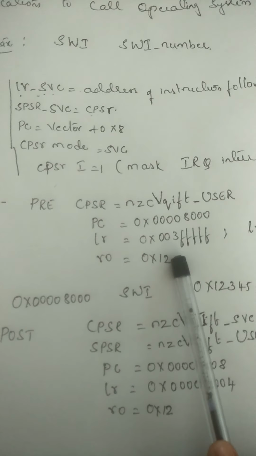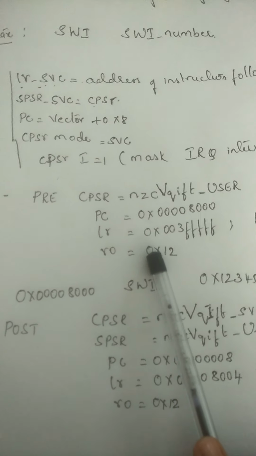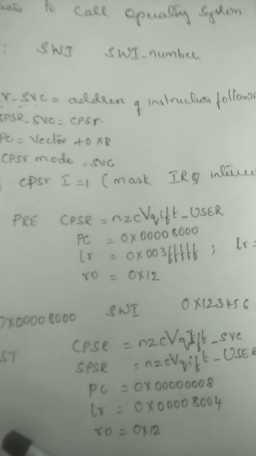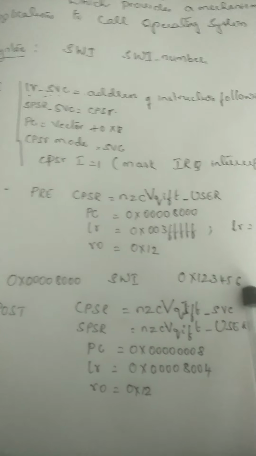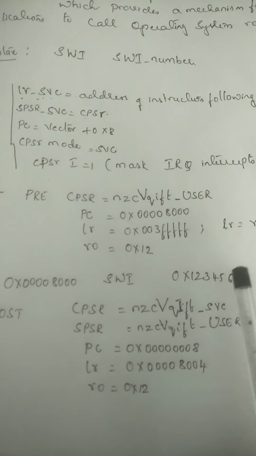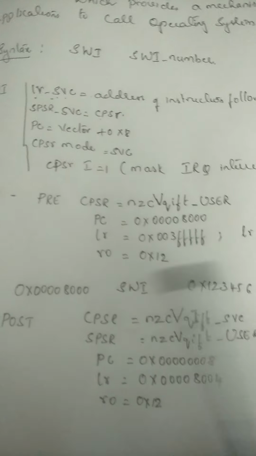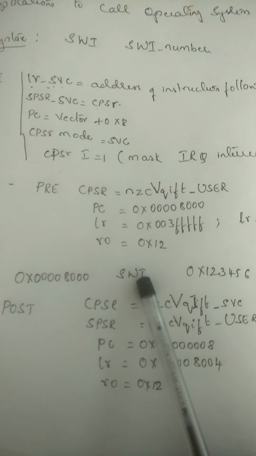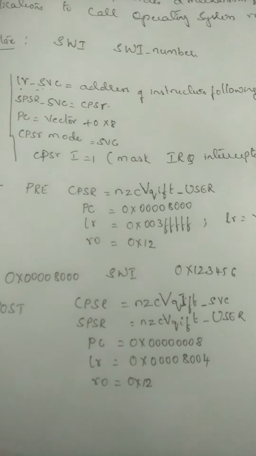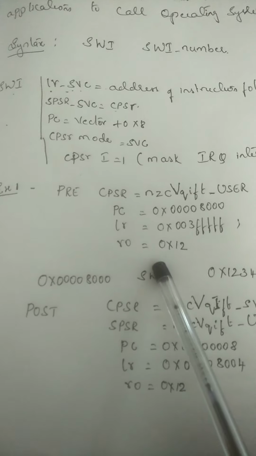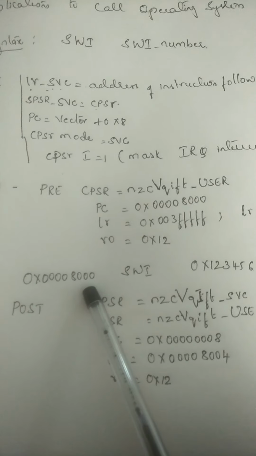R0 is the parameter used to pass to the instruction. Here is the SWI instruction with the SWI number where the operating system routine is, and this is the address of the SWI. Each instruction, when executed, sits at a particular address, so here the SWI is at that particular address.